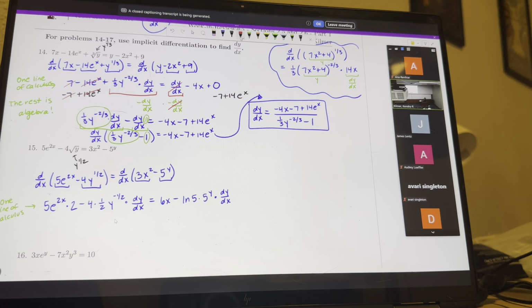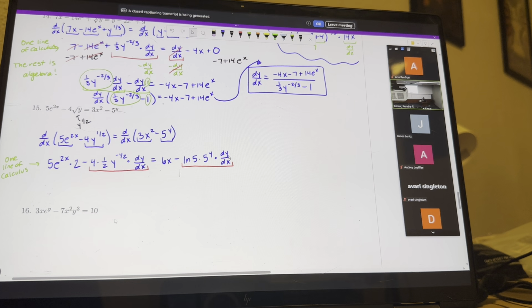Okay, so we look at the terms that have a dy/dx in them. So we have one term on the left-hand side that has a dy/dx in it, one term on the right-hand side that has a dy/dx in it. I don't want to write all the details, but we're rearranging a lot of things, right?